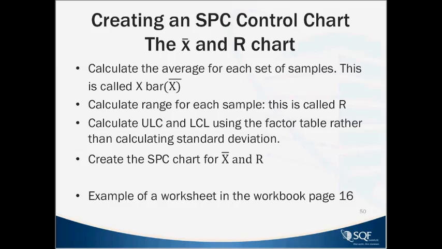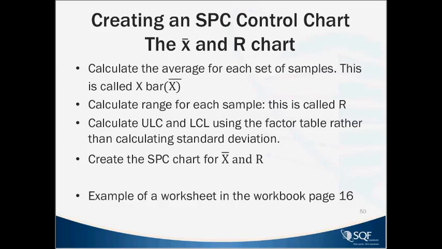So if you've got your workbook, and you can see on page 16, what we did is go back and assume that we're back on our fill line for this powder, and we've collected 21 sets of data, and each set represents five cans that we took off the line.